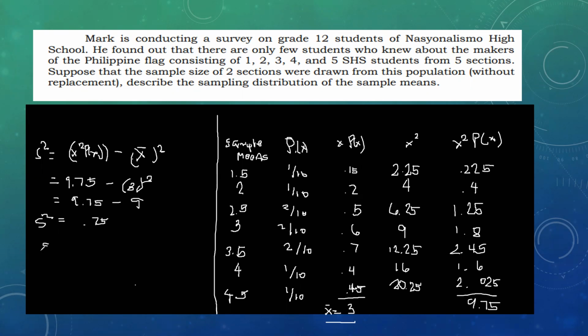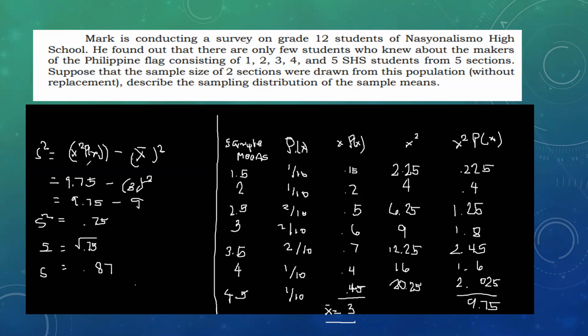In our standard deviation, we have to find the square root of 0.75. So our standard deviation, which is S, square root of 0.75 is 0.87.